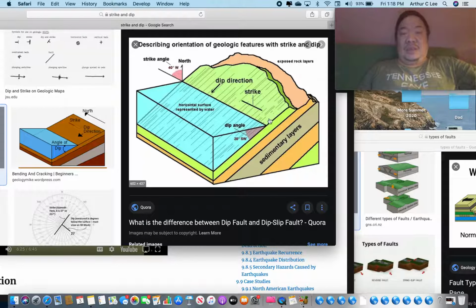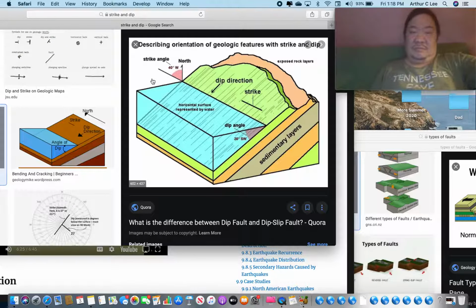Here it shows you that north for this block diagram is up. That means south is down, east is to the right, and west is to the left. Okay, so north, east, west, south.